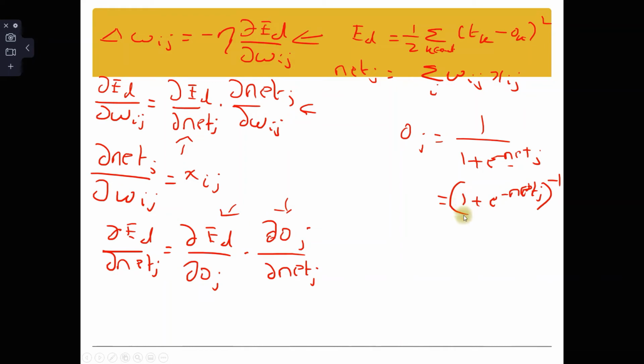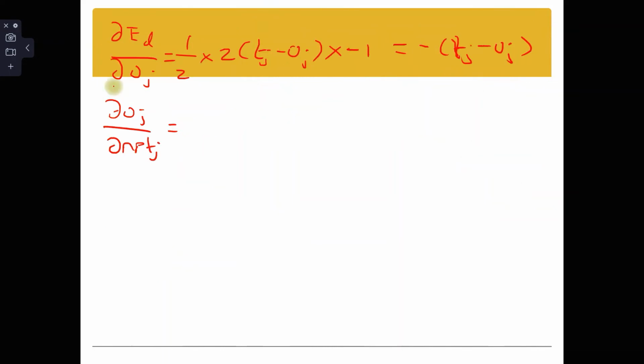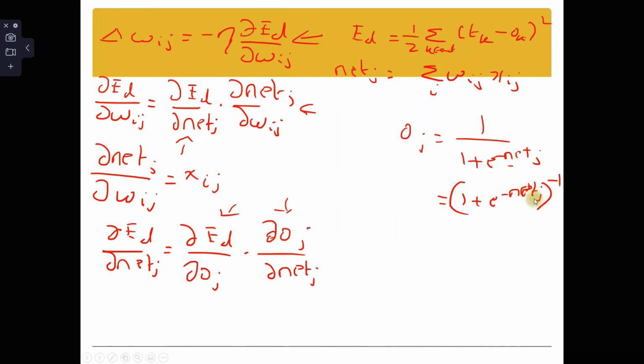Negative 1 into 1 plus e power negative net j, to the power of negative 2. Bring this down: negative 1 into 1 plus e power negative net j, to the power of negative 2, multiplied by the derivative of this.